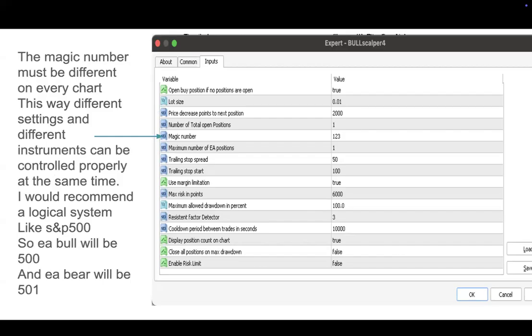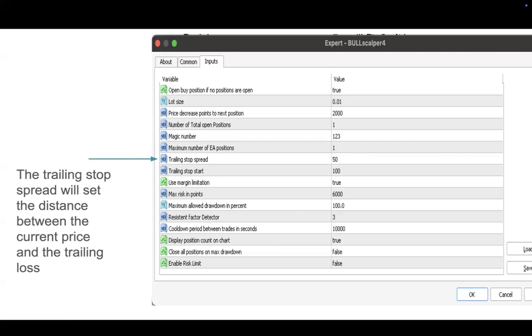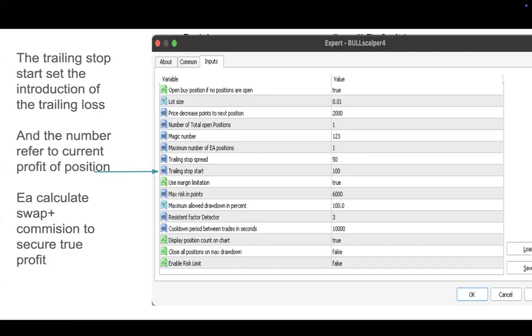Next up, the magic number. Magic number is, of course, something you have to have. And I use a system where, if I have a Nasdaq 100 and 500, I use 30 and 31, you understand my system at least. You set the distance between the current price of the position, the market value, and the distance to the trailing loss. The next one is the trailing start.